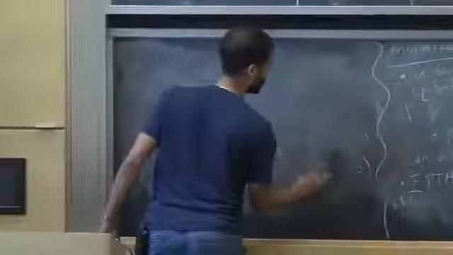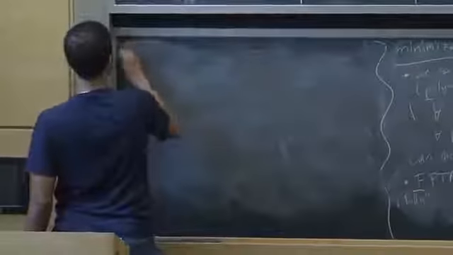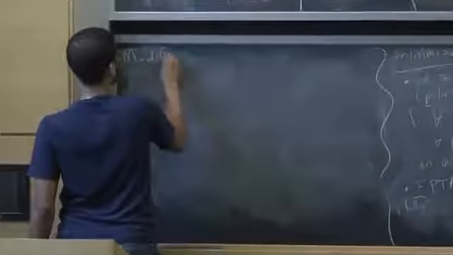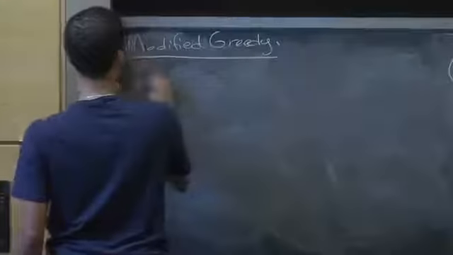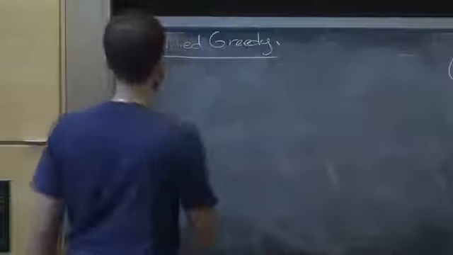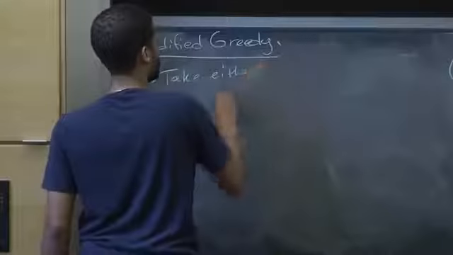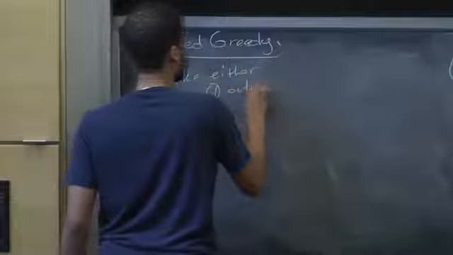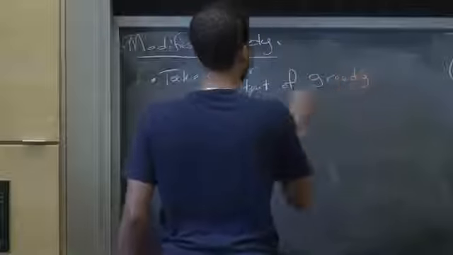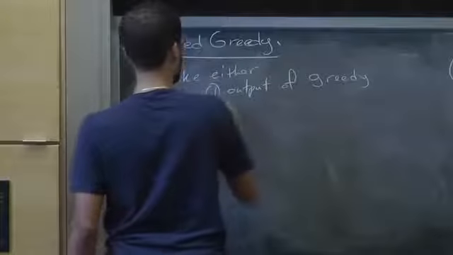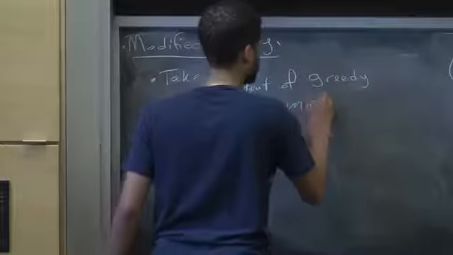Here's a modified greedy algorithm that I claim does pretty well. Take either 1, the output of greedy, or 2, the most valuable item.